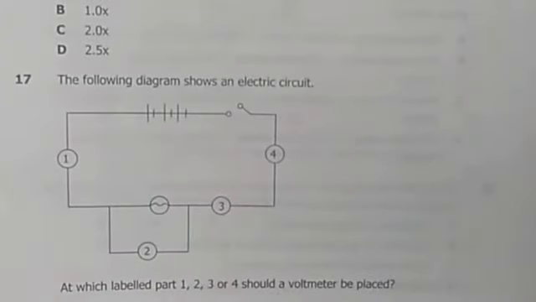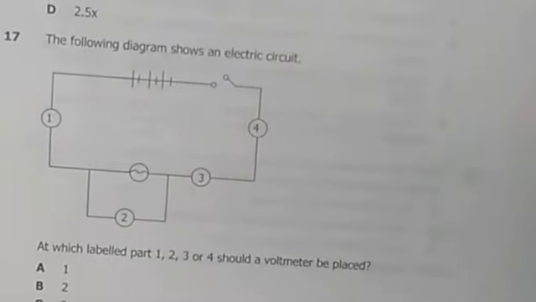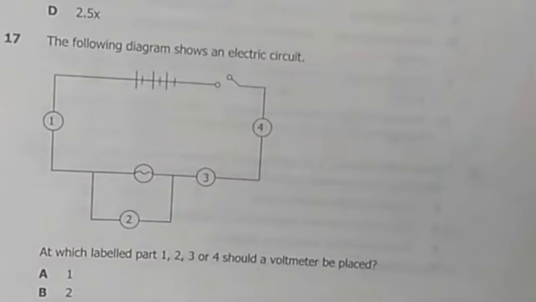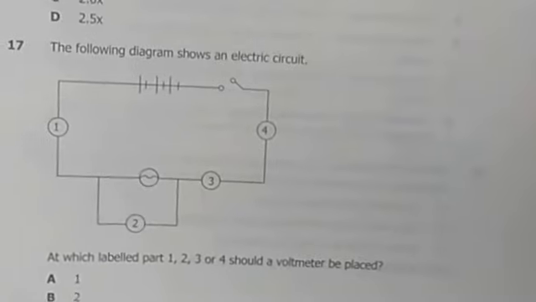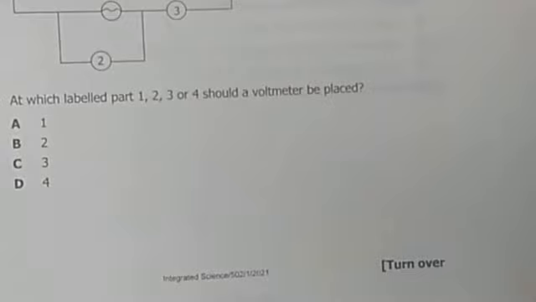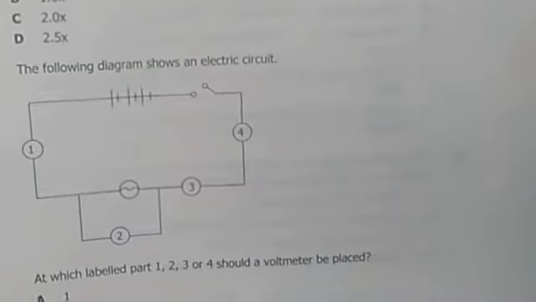Question number 17 is as follows. The following diagram shows an electric circuit. At which labeled part, 1, 2, 3, 4, should a voltmeter be placed? Where should the voltmeter be placed on this diagram?